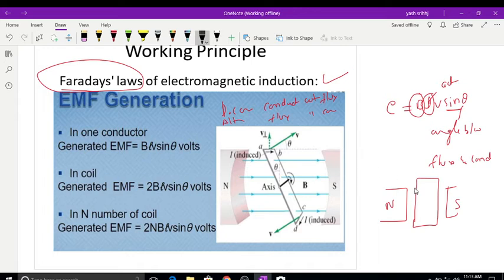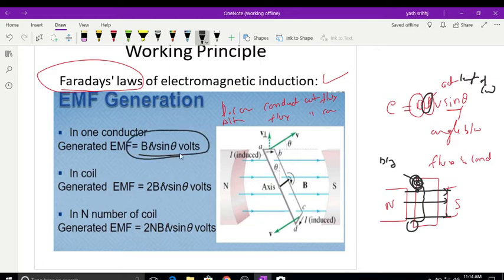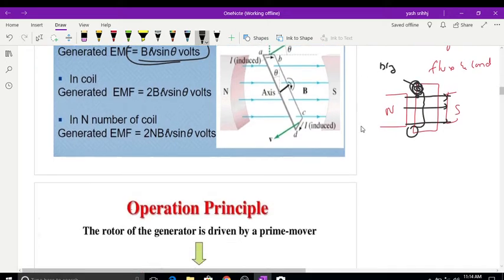The flux is north to south like this. These are the ends I am taking. Flux is linking only from this area. That's why this part and this part are not active parts of the conductor, because induced EMF in this area is not possible. So L decides the active length of the conductor. So B L V sine theta is the induced EMF found in the alternator.